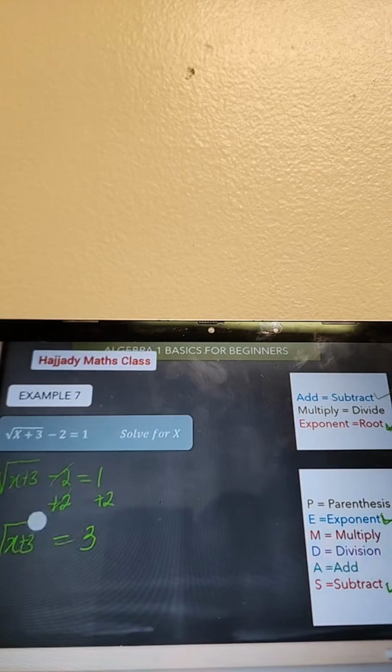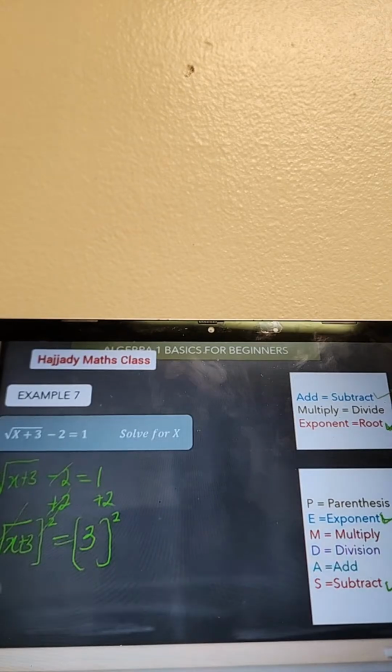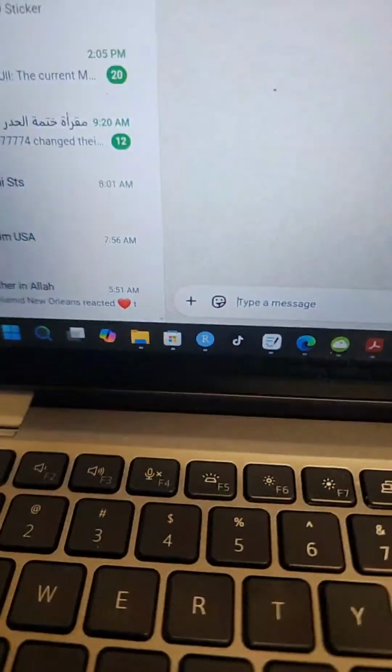So the exponent for the square root is squared. That is, for the square root, the exponent means you need to square both sides. If it is cube root, you find the cube root of both sides, so that this can eliminate the square root. On the left side, we have x plus 3. On the right side, we have 9.